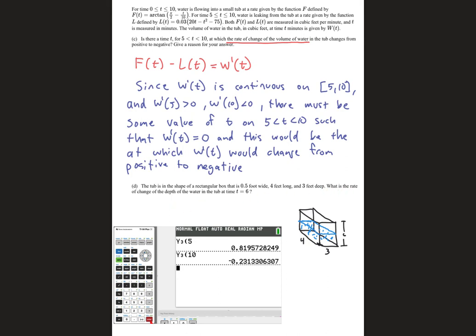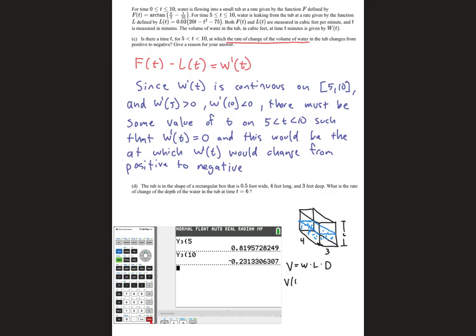So think about this. The volume is going to be, let's say, width times length times depth. But notice that the volume is going to be changing.